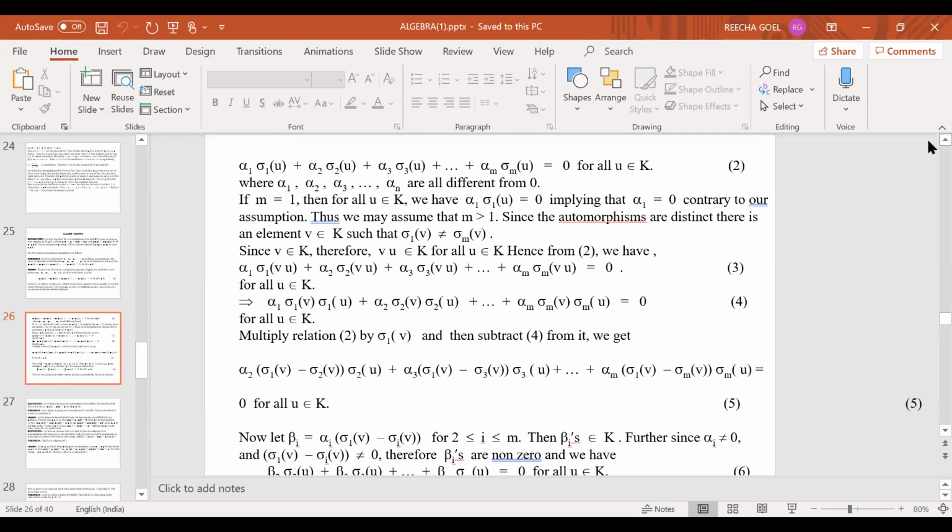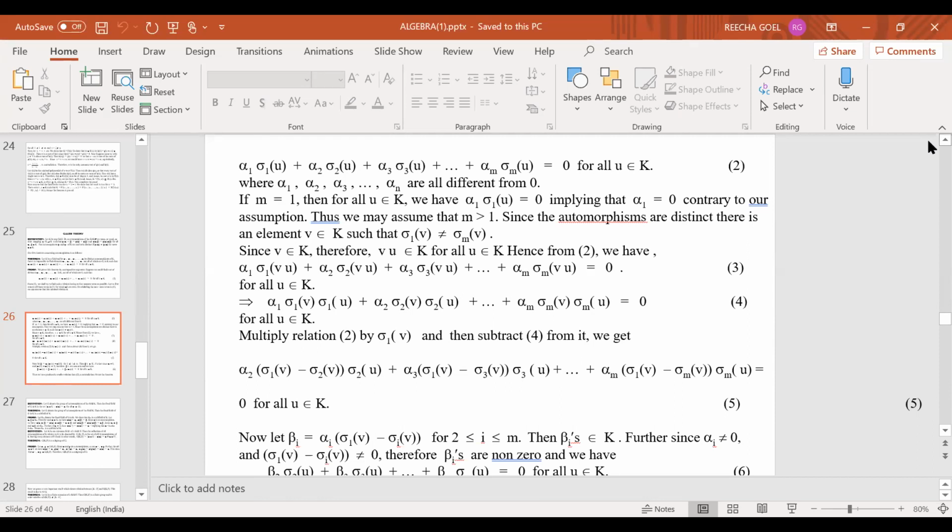But alpha 1 is non-zero, therefore sigma 1 of u equals 0 for all u in K, that is, sigma 1 becomes equal to 0, which is not possible because sigma 1 is given to be non-zero. So the only possibility remaining is that alpha 1 should be 0, which is a contradiction. So we have seen the result to be true for m equal to 1.